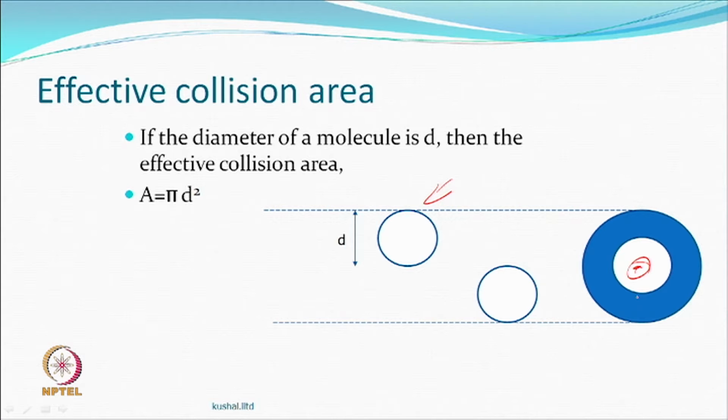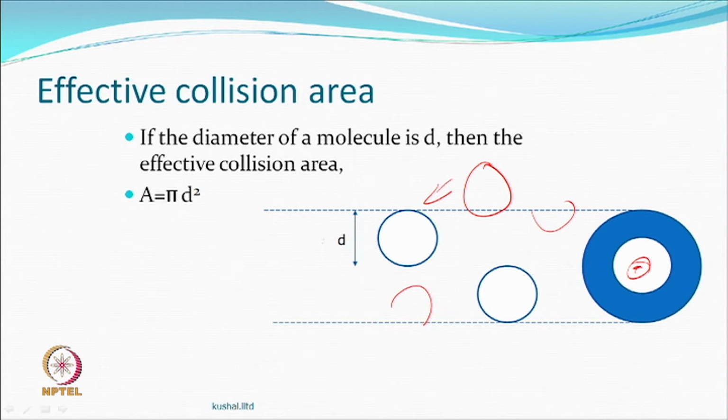This molecule is the same or a similar molecule. If the distance of this is more than 2d, then this particle may pass through without touching. So, it may not strike. If the distance is like this, therefore, it is bound to touch, whether it is here or there.